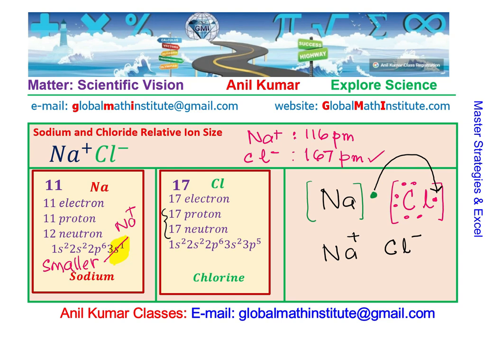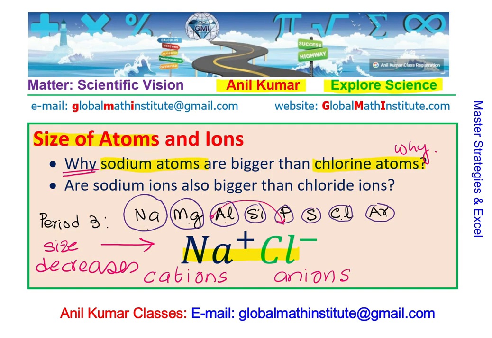And therefore, we can say that in case of sodium chloride, the sodium ions are not bigger, right? They are smaller than the chloride ions. Make sense? So the atom of sodium is bigger than that of chlorine.